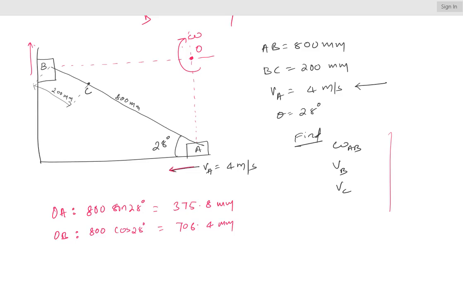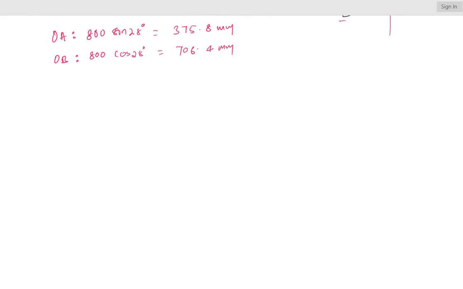To find that, let's look at this triangle BCO.